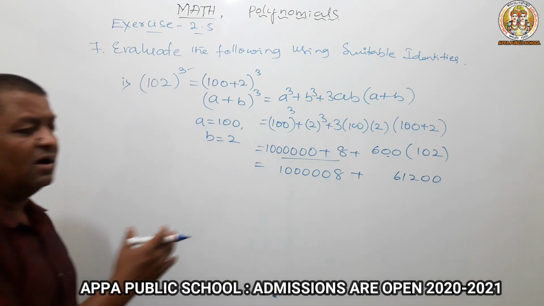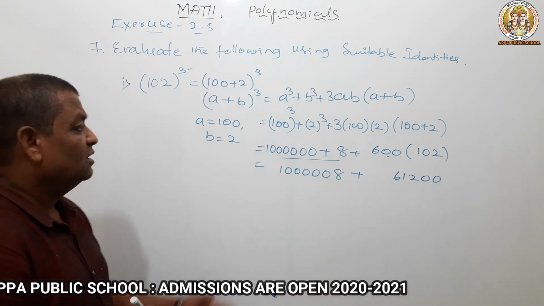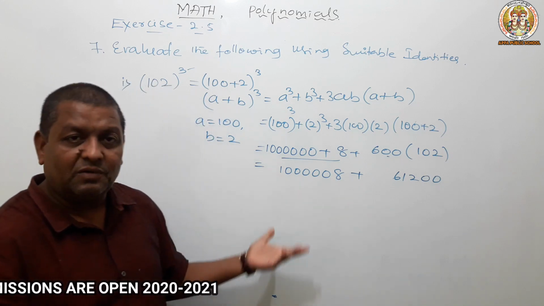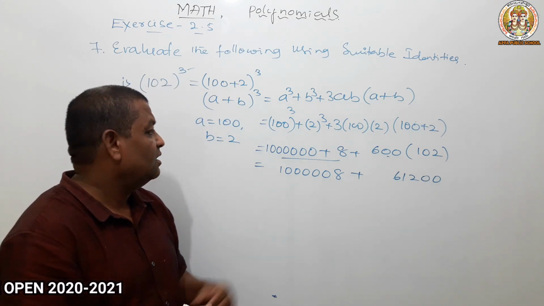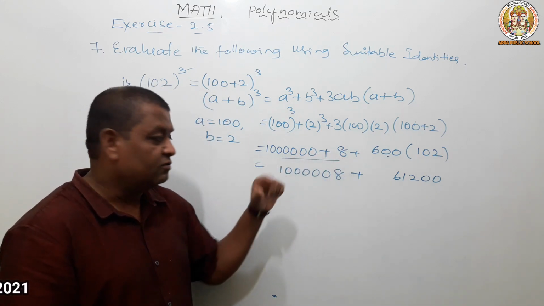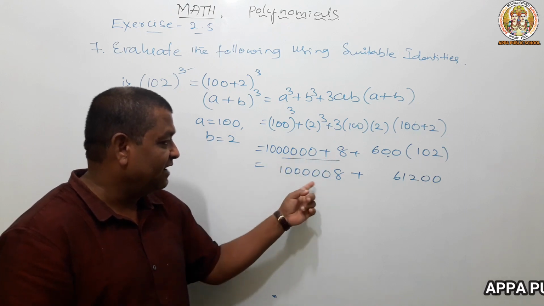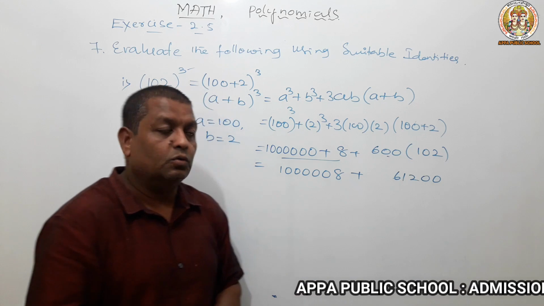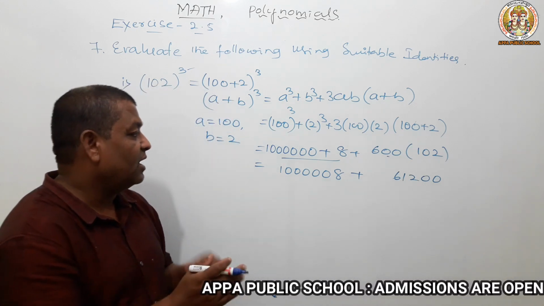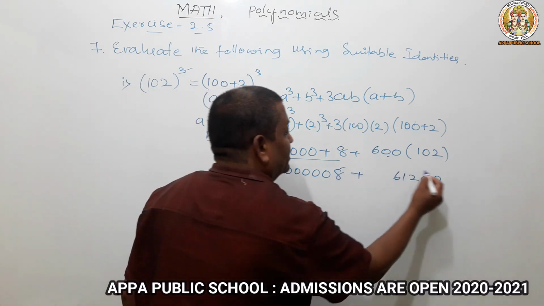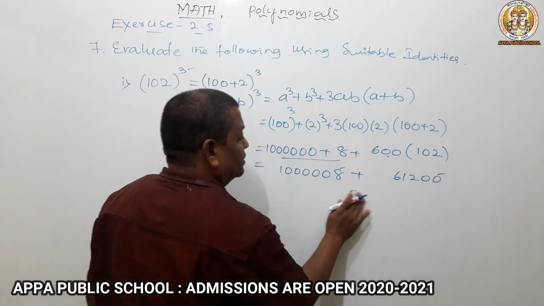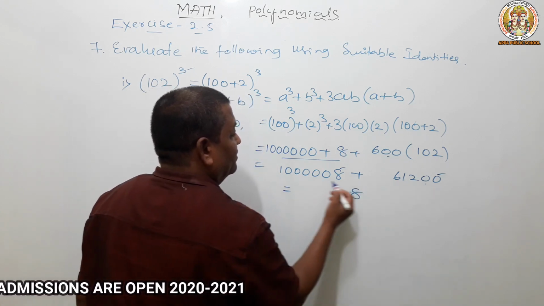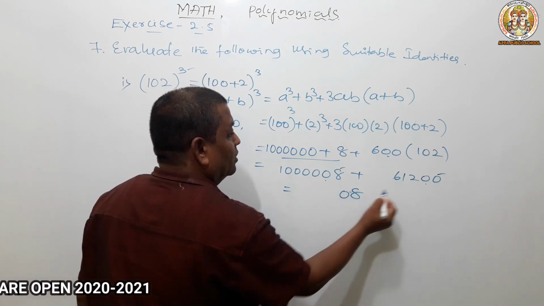So this is the way we can do it in vision only. No need of rough work, and this will be perfect in writing by vision method. See what I did? I added 1000000 plus 8, which is one side, and 600 into 102 on the other. Now we have to add both. What is the unit digit? 8. Next, tens place 0.